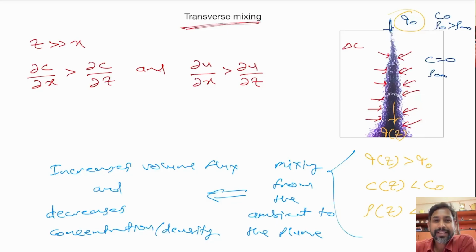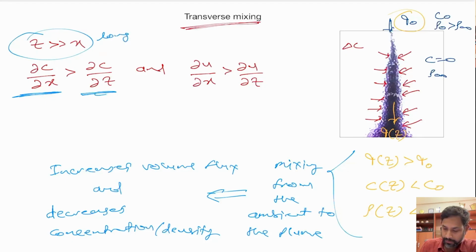So your concentration gradient in the transverse direction is much more than in the vertical direction, and that is why the mixing, or entrainment, happens only in the horizontal direction, because dc by dx is much more than dc by dz, right? And that is because this plume is long and thin.